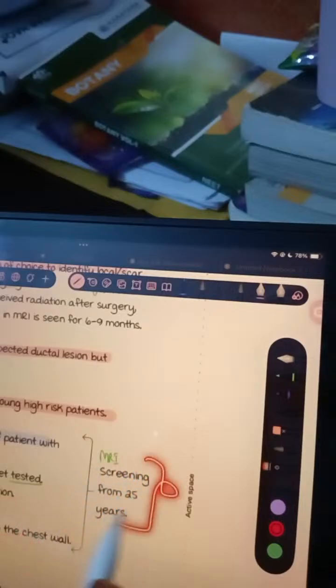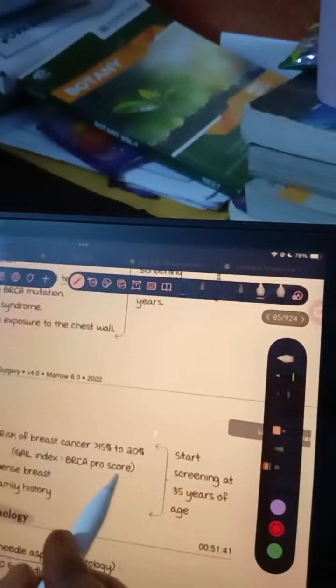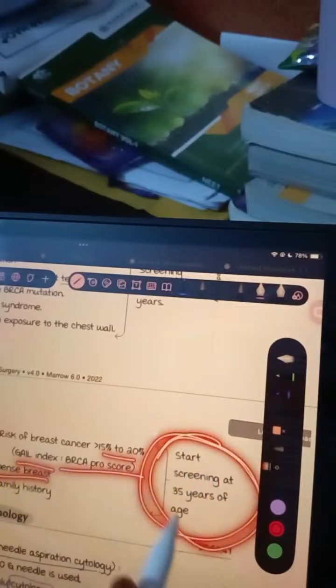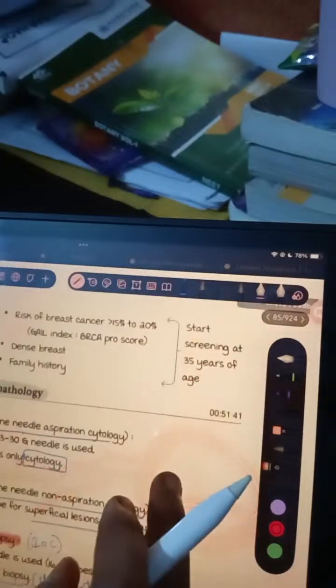MRI screening from 25 years. And risk of breast cancer 15 to 20%. For BRCA positive, start screening at 35 years of age. Dense breast, family history.